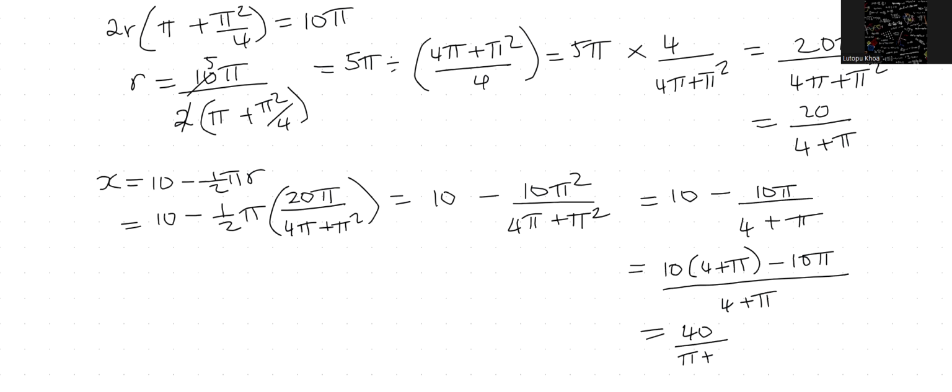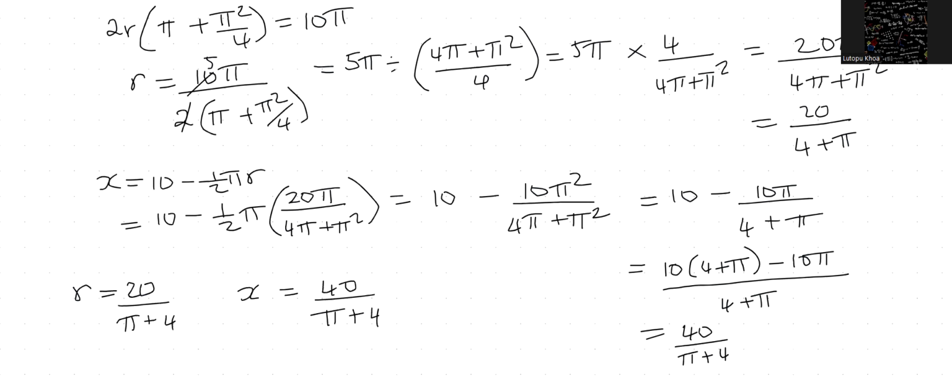So our radius is 20 over pi plus 4, even though it doesn't matter if you write 4 plus pi. And then the side of the square must be 40 over pi plus 4.